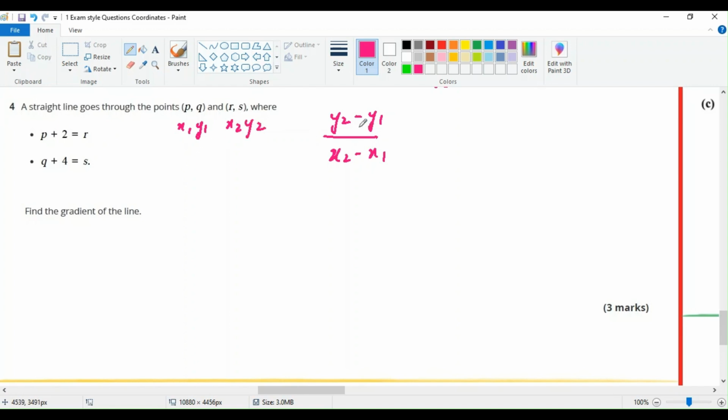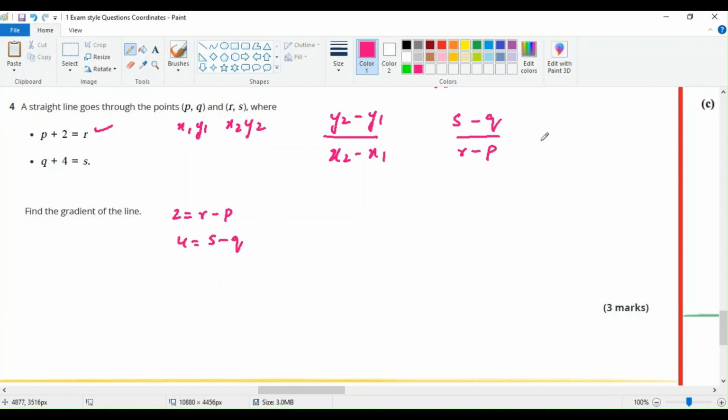That means substituting over here, s minus q over r minus p. Now looking at this one, this says that r minus 2 will be equal to p, and 4 will be equal to s minus q.